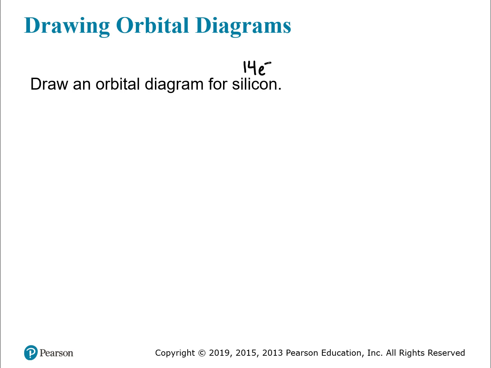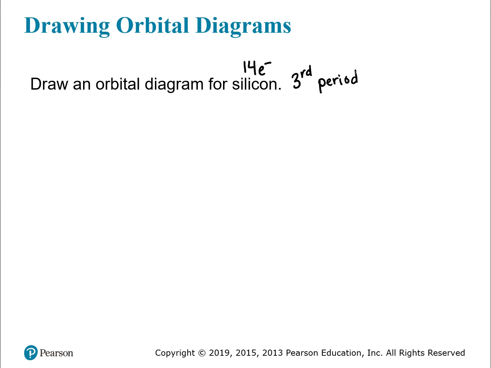Now, what period is silicon in? Which means which row is it in? It's in the 3rd period.